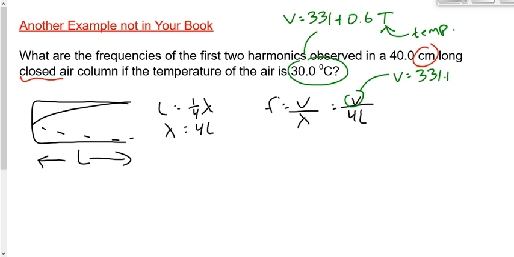331 plus 0.6 times 30 degrees Celsius. 0.6 times 30 is 18, plus 331 is 349 meters per second. Let's say the frequency is 349 over 4 times 0.40.